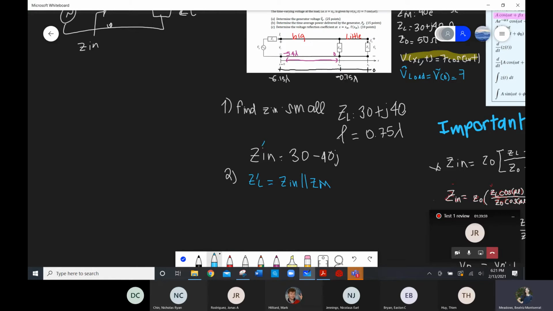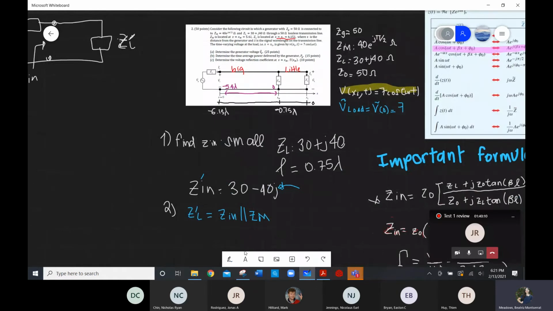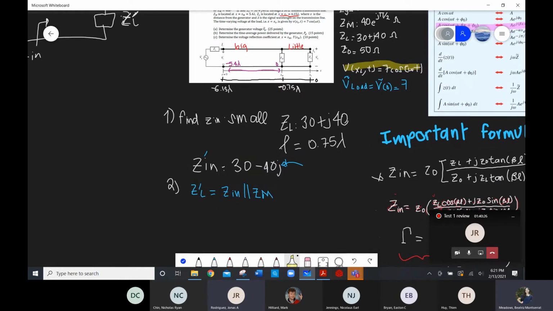I guess I'll put, anyway, so store these values in your calculators and now go ahead and do the parallel combination and let me know what you get and what the value of Zm is up here. Parallel, and hope you all know it's product over the sum.